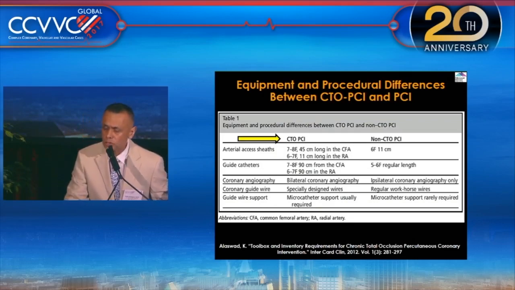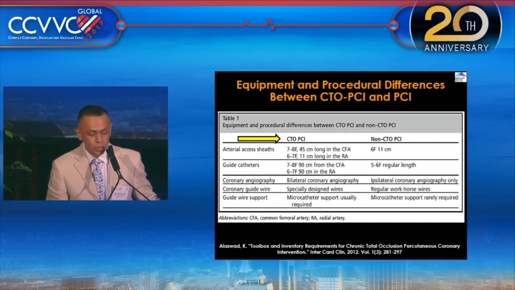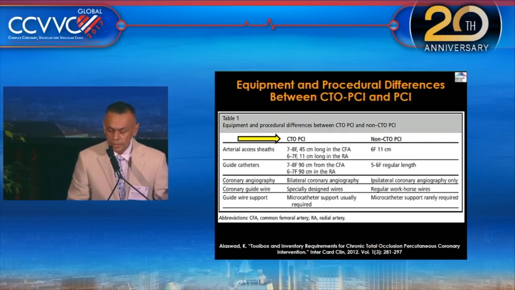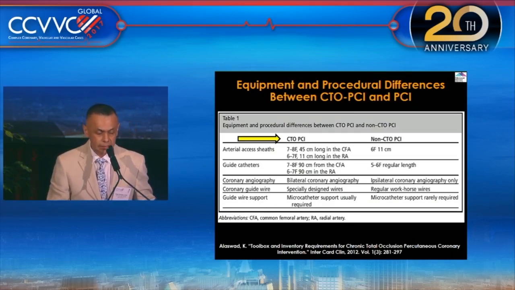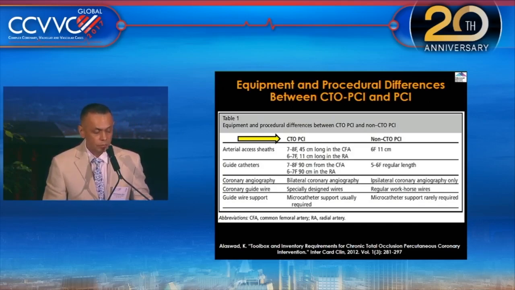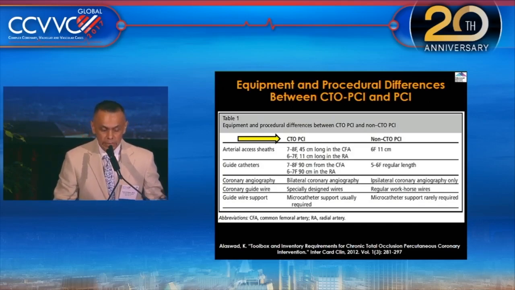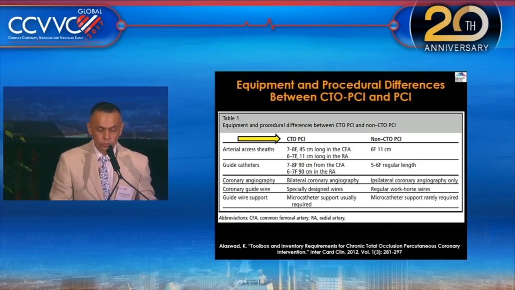Also, especially when you do the retrograde, they have to be smaller. Standard catheters, as you know, are 100 centimeters, so you need like an 85 or even a 90 centimeter catheter. The coronary angiography has got to be bilateral, especially if you're doing a dual access. The wires, you need specialty wires, stiffer wires, and the wire support.